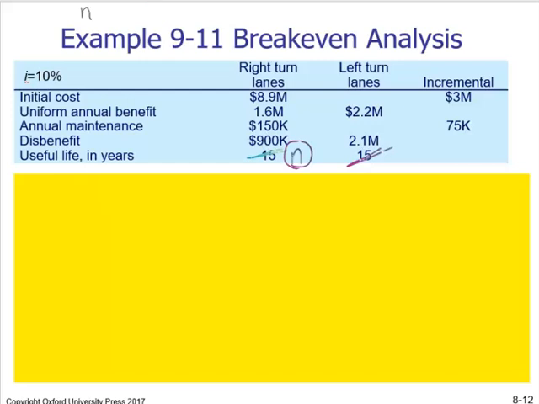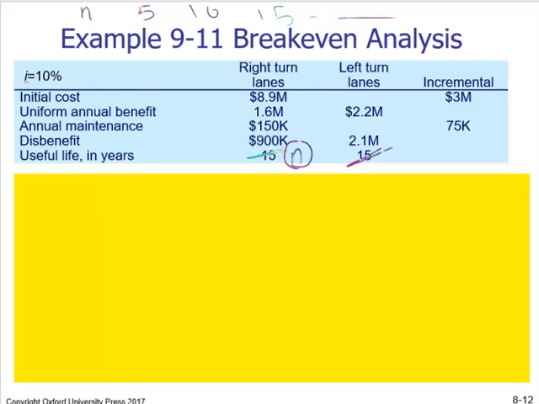You need to have one row for the different values of N, 5, 10, 15, and so on, and the right turn lanes present worth and left turn lanes present worth. You can use present worth or equivalent uniform annual cost, but I suggest using one of these two.